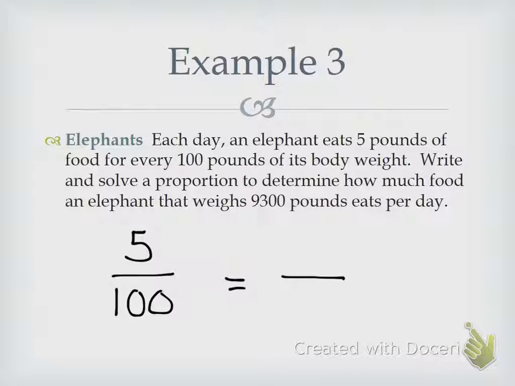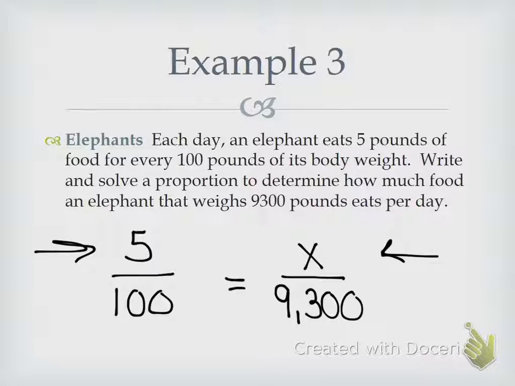No, I don't. X is what I don't know. And he weighs 9,300 pounds. I have now set up my proportion because in my numerators I'm comparing food to food, and in my denominators, I'm comparing weight to weight.